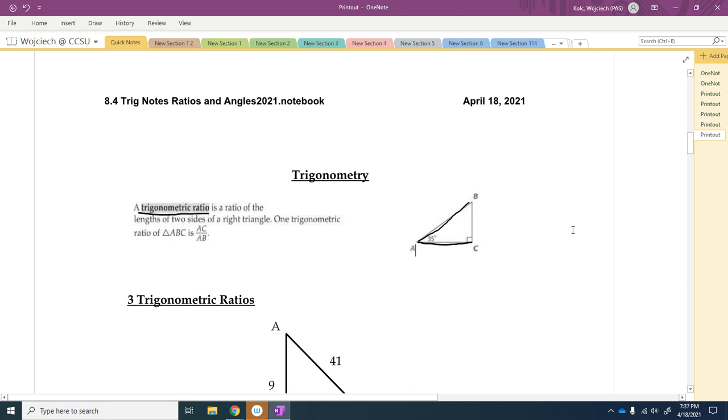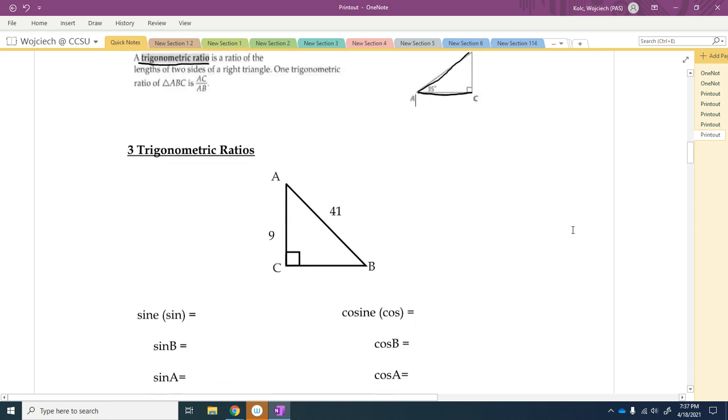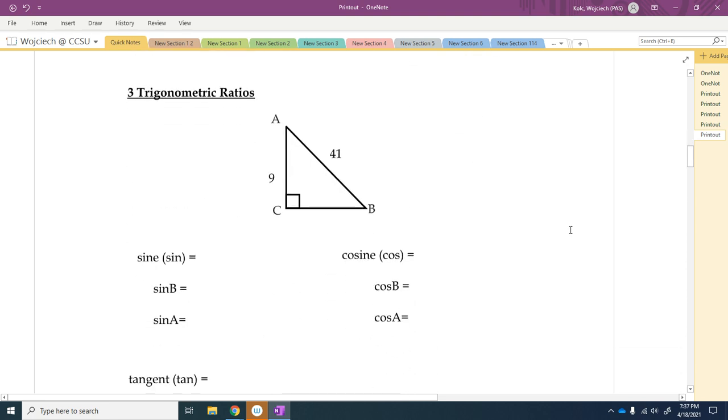So what are the three trig ratios that we will discuss in this class? The first of them is sine, and the abbreviation is SIN. We'll always use the first three letters. By definition, sine is the ratio of opposite leg over hypotenuse.